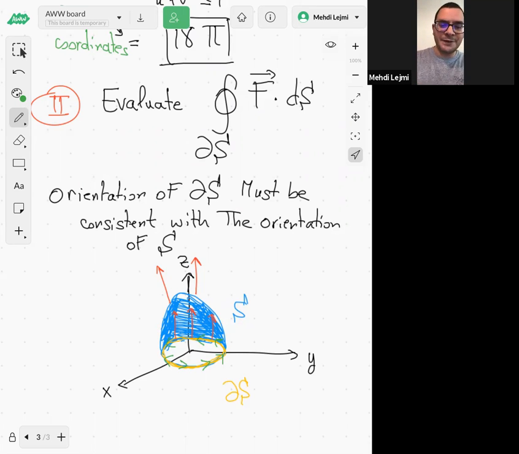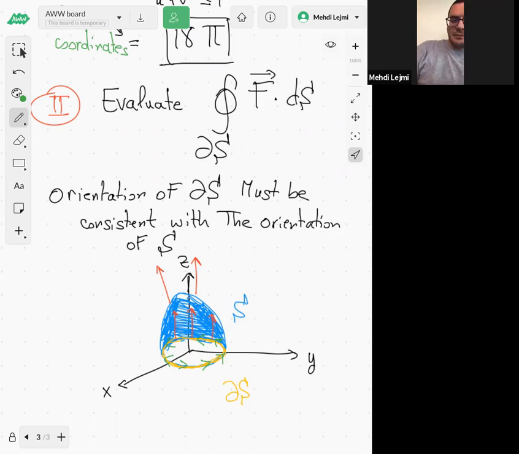So if the surface was oriented with a downward pointing normal, all right? So if your thumb is pointed downward, right? Then my index finger points along the orientation of the boundary, right? So then the orientation of the boundary, or this circle, must be clockwise in that case, right? Because my thumb here now points downward.